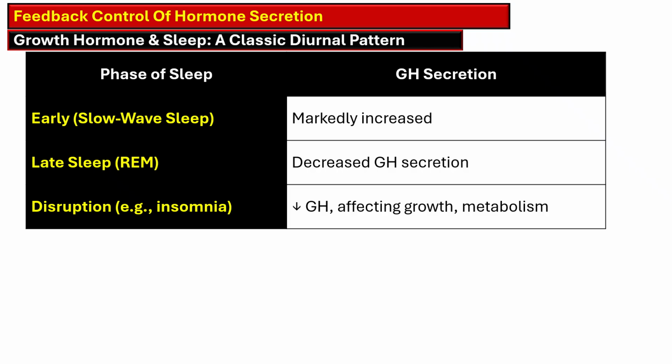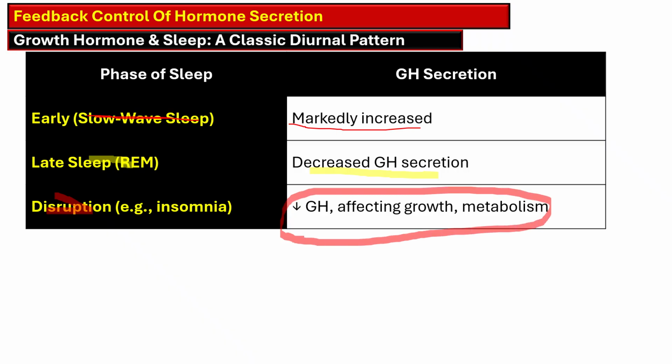Growth hormone release is markedly increased during early or slow wave sleep, while it is decreased in late sleep or the rapid eye movement phase of sleep. In insomnia, this process is disrupted, so that will affect growth and metabolism as a result of decreased growth hormone.